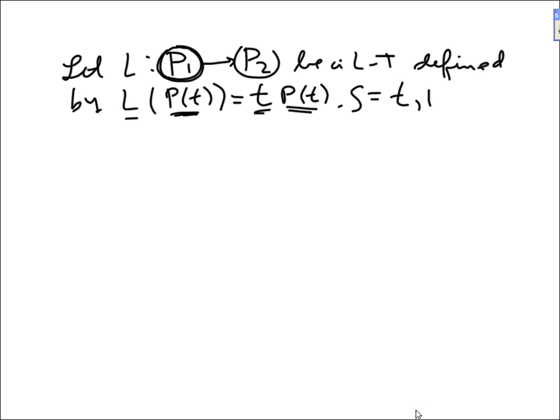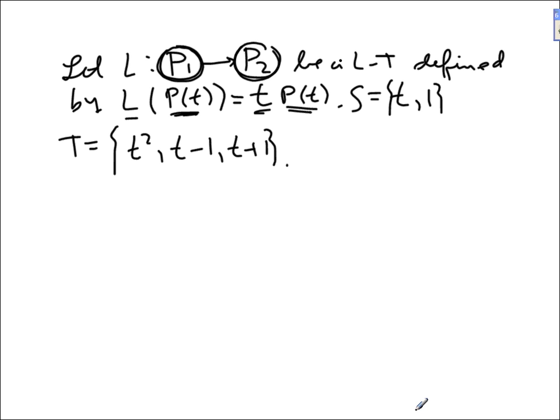S just contains t and 1. But basis T for P sub 2 is going to be different. It's going to be t squared, t minus 1, t plus 1. And it's the same instructions. Find the matrix A.